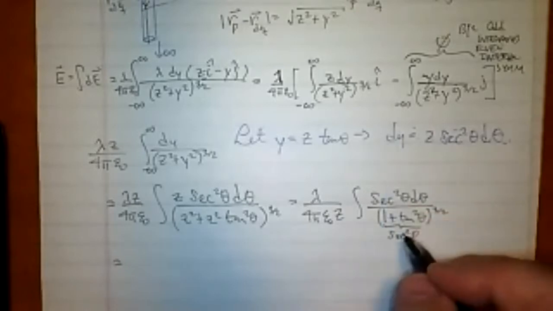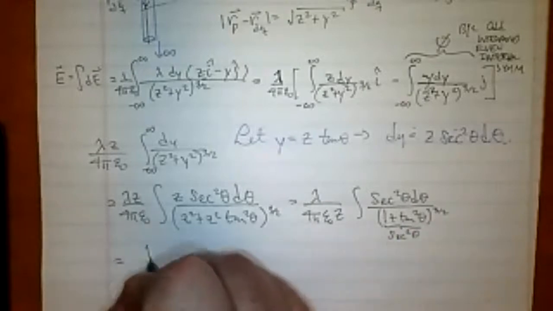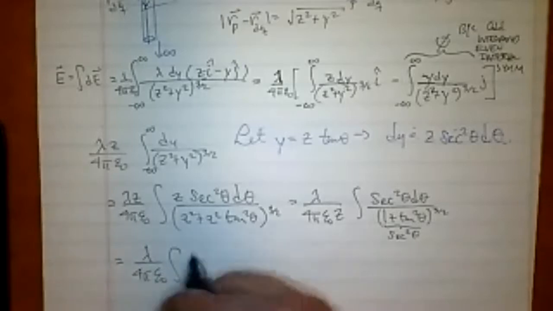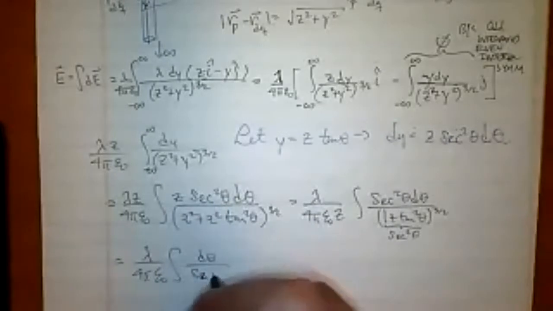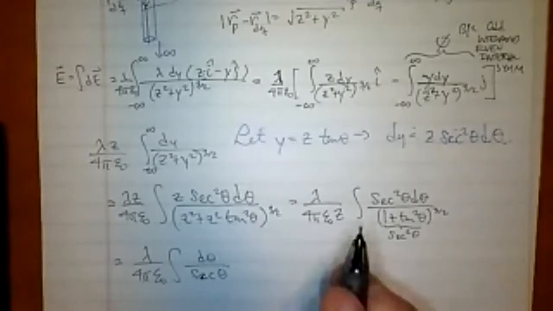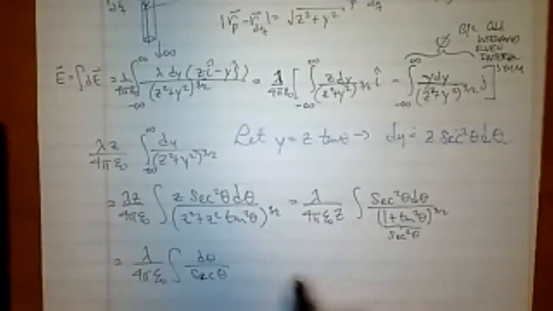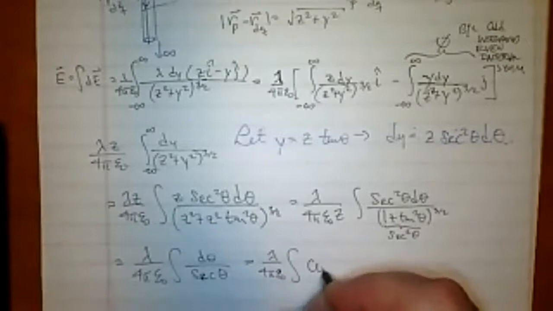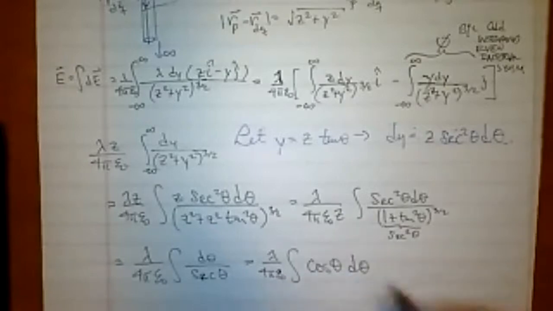A 2 on top and a 3 on the bottom means a 1 on the bottom. So I'm just going to have lambda over 4 pi epsilon naught integral d theta over secant theta. Did they all cancel out? No, yeah, we got 1 in the bottom. And secant theta, of course, is just 1 over cosine. So I get lambda over 4 pi epsilon naught integral cosine theta d theta.